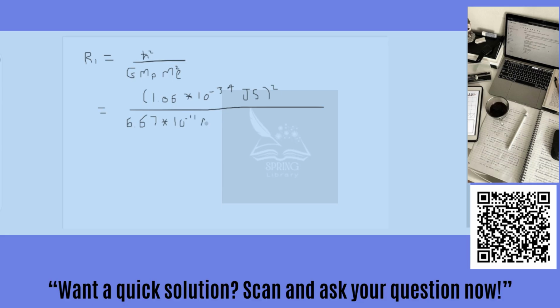So Newton meter squared over kilogram squared. And this is times 1.67 times 10 to the negative 27 kilogram, times this for the mass of the proton here.